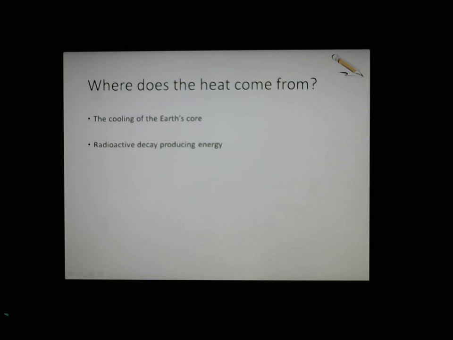So radioactive decay releases energy, and that keeps things nice and warm, the same way that nuclear power plants work. And then the mantle as well will release some energy, and that will end up contributing to the heat of the asthenosphere. So at its core we have a heating process, and that heating process causes a convection current inside the earth, and those convection currents move the asthenosphere over the top of it.